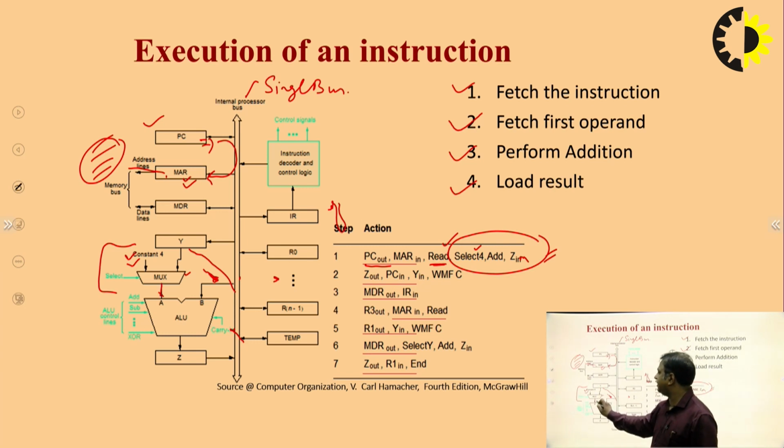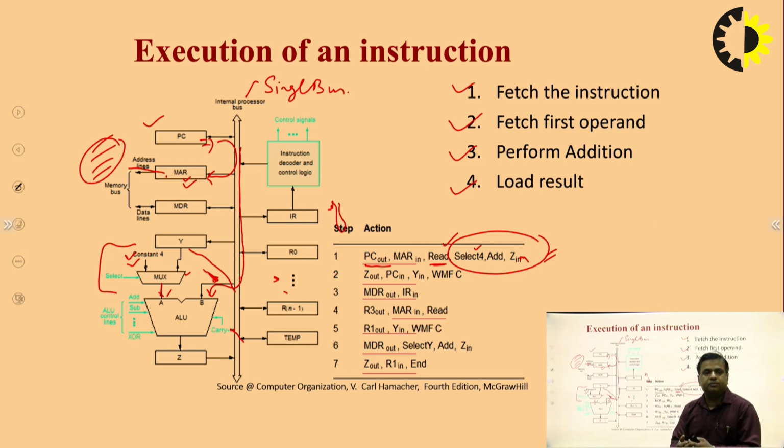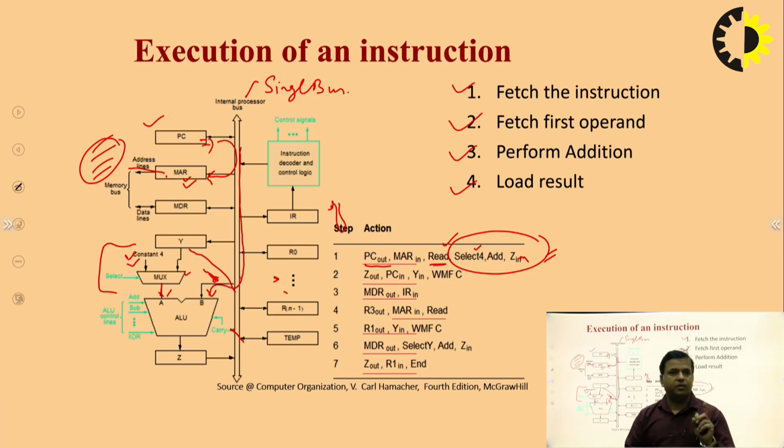It will come here, and the contents of the program counter that were transferred into MAR, the same will come into this accumulator, because I want to add +4, and any operation, addition or subtraction, is done with the help of the ALU only, because the ALU can perform the operation. So before updating the program counter value, the ALU will be used.